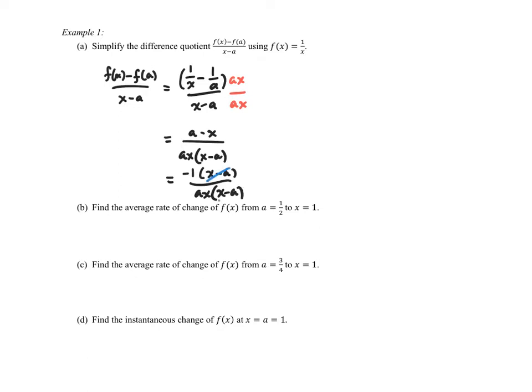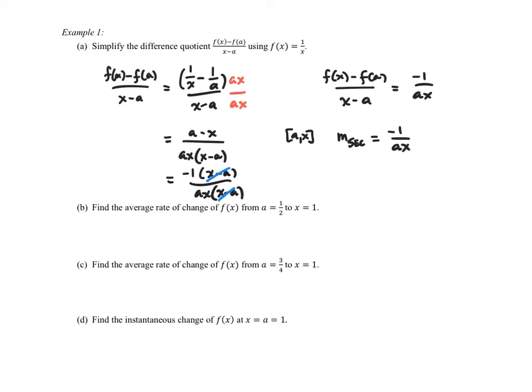So I'm going to reduce out the x minus a, which gives me f of x minus f of a over x minus a simplifies to negative 1 over ax. So this expression represents the slope of a secant line from a to x. From a to x, the slope of the secant line is equal to negative 1 over ax.